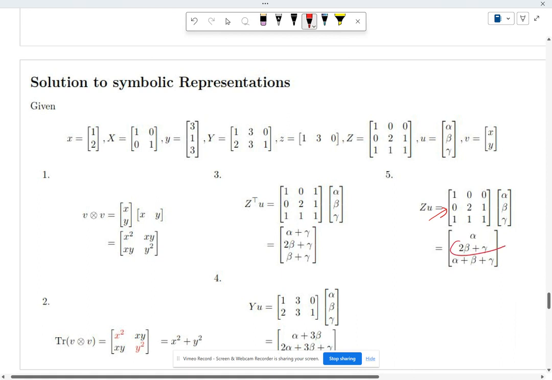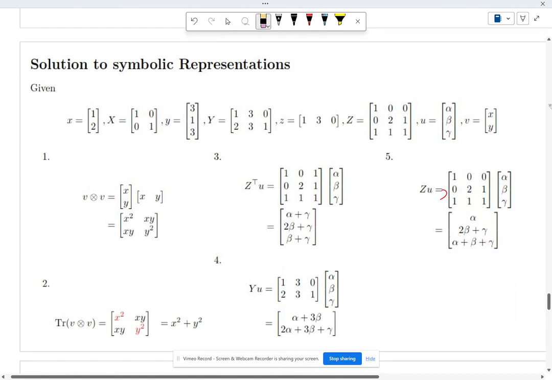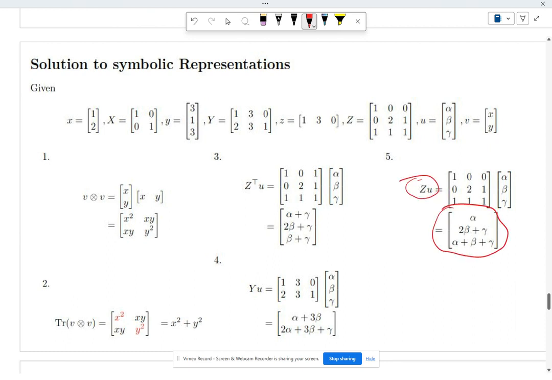So that's how we got 2 beta plus gamma. And the third one is just everything added together, alpha, beta, gamma. So anyways, you got the idea. We can basically represent all these equations with this symbol, a much more compact way of representing it.